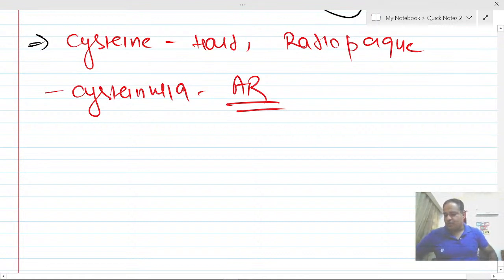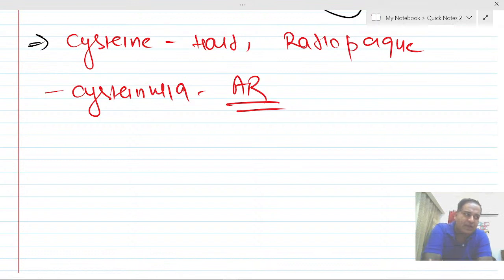Fine. And the urine will have the smell of rotten eggs. Why? Because the cystine contains a large amount of sulfur. Secondly, the color will change from yellow to green on exposure to air.